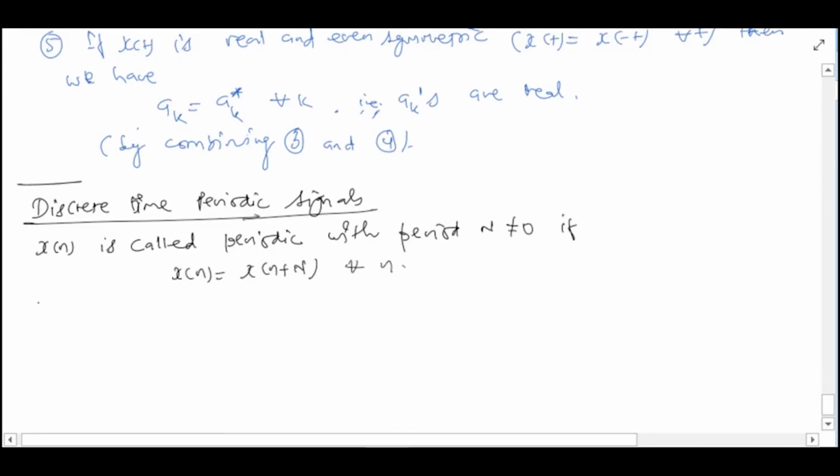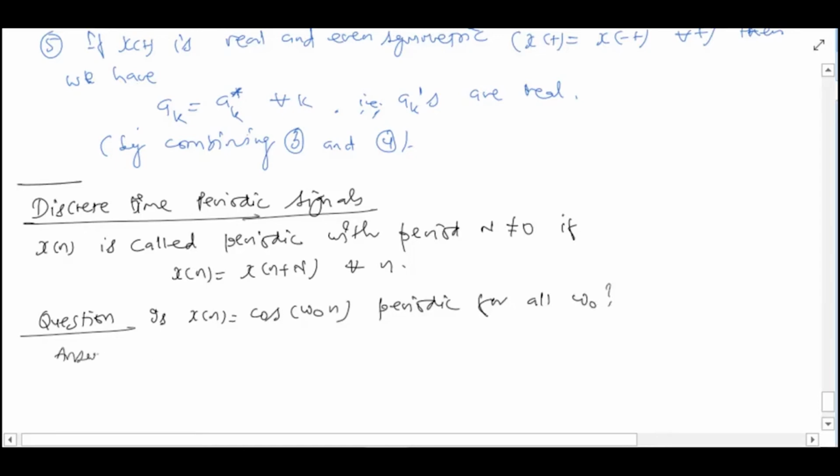Okay, so here is a question. Is x[n] equal to cos(omega_0 n) periodic for all omega_0?